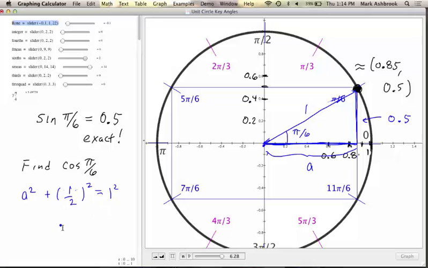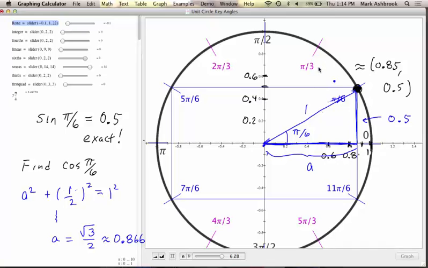So when you do all the math, you should get the square root of 3 over 2, which is approximately 0.866, and we estimated 0.85, so that was a good estimate. So that exact distance is radical 3 over 2, square root of 3 over 2. But it's about 87% of the way, or 0.87 of a full radius length, to the right.